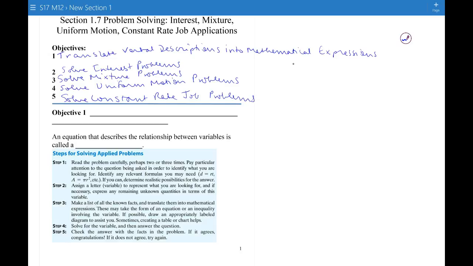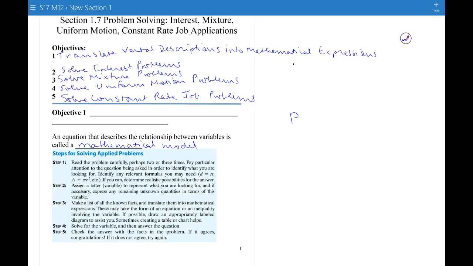Okay, so the first objective is going to be to translate verbal descriptions into mathematical expressions. And an equation that describes the relationship between variables is called a mathematical model. And if you think back to that first week, we talked some about what is a mathematical model.